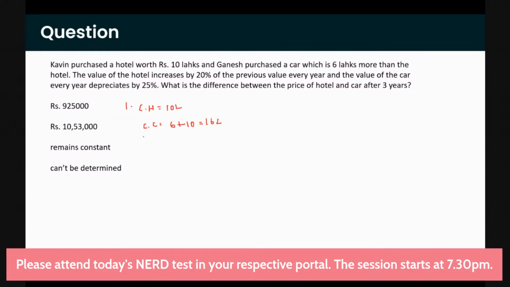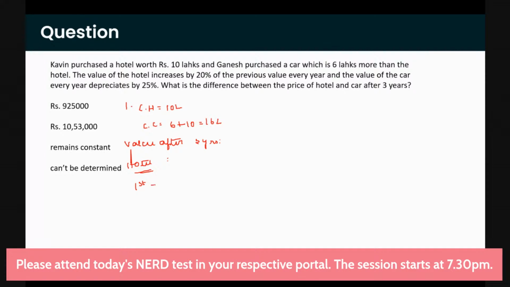So let's first calculate the hotel's value after 3 years. Got it? So the value of the hotel at the first year.